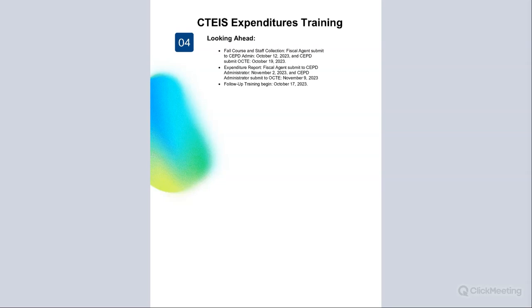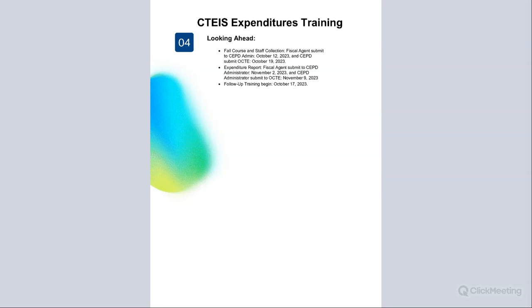So that's coming up. The expenditures report, the fiscal agent submits to the CBIT administrator November 2nd, and then the CBIT administrator submits to OCTE November 9th. So this is what this training is for. It's for this collection. So you want to keep those dates in mind.